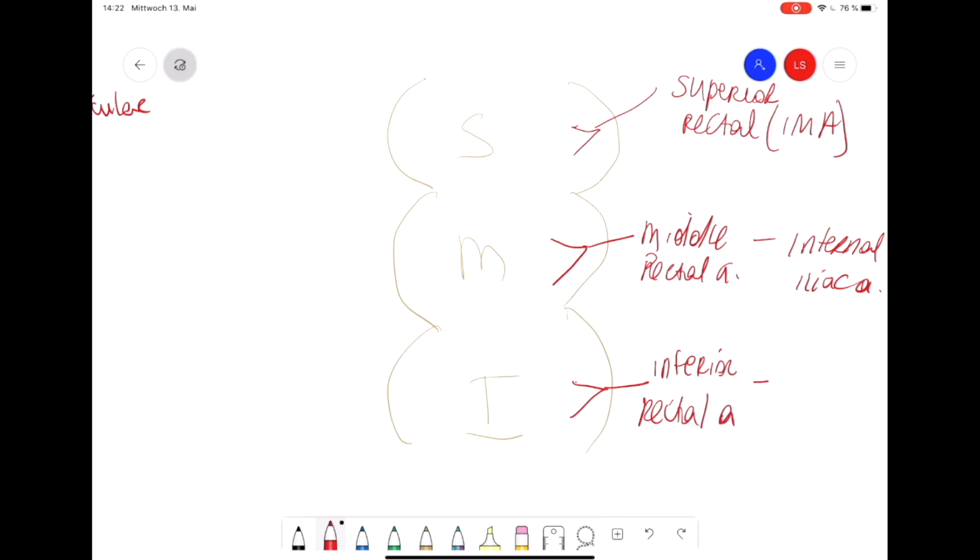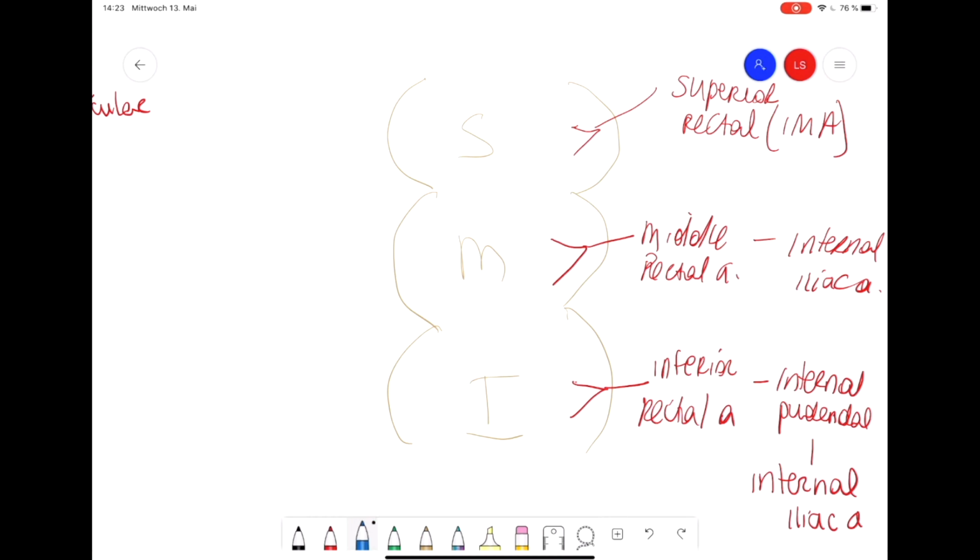And the inferior rectal this time is coming off the internal pudendal, which is basically a branch of the internal iliac artery. So as you can see, this is the blood supply.